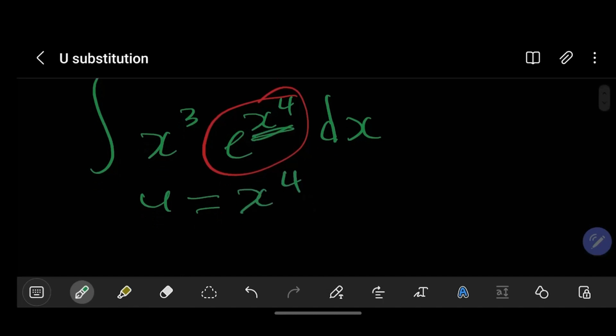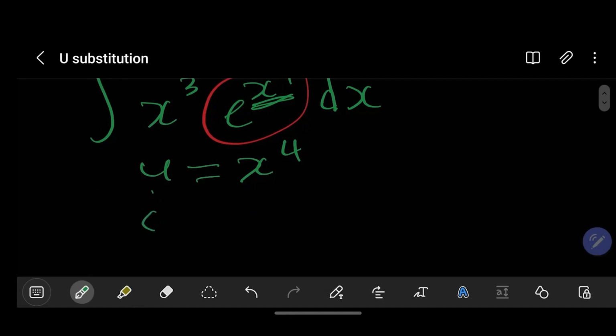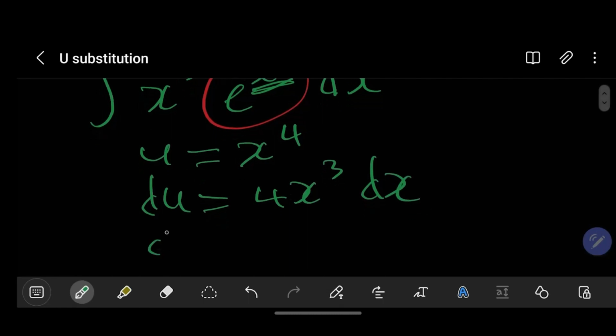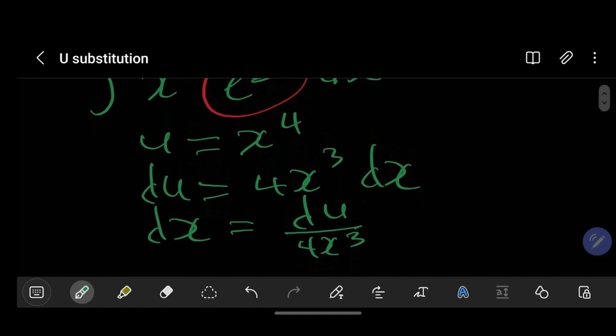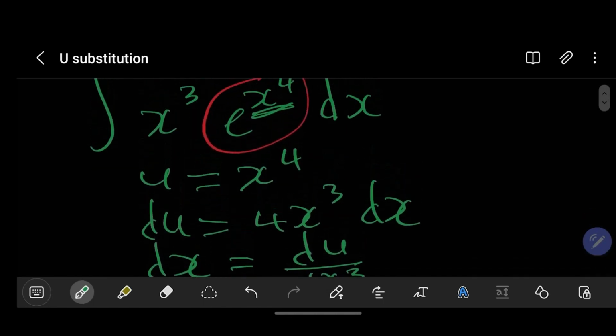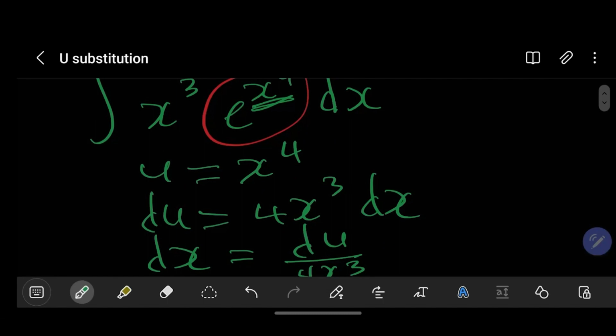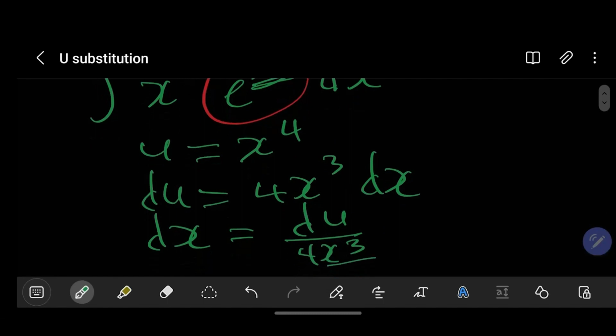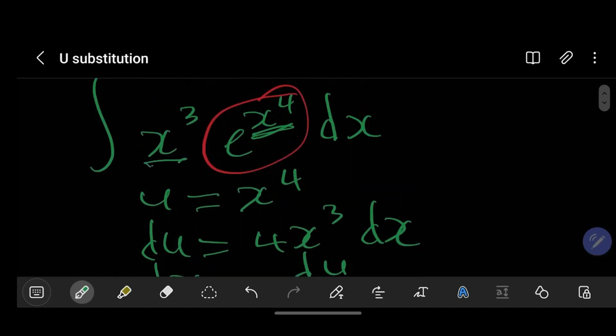So if we do this, we find that du is now equal to 4x cubed dx, and dx is equal to du all over 4x cubed. Okay, so now we can see directly, once we found dx, that the x cubed from here can cancel out with the x cubed from there.